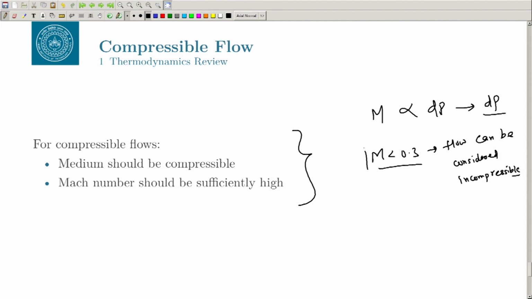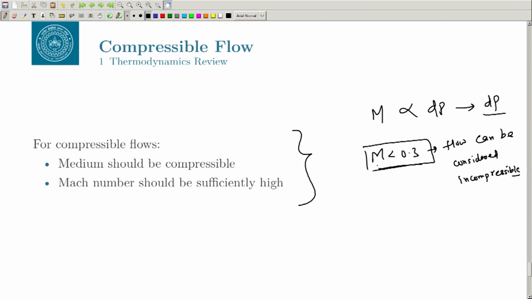How do we get this number 0.3? How do you ensure that below 0.3 your change in density is less than 5%, because that is the definition of compressibility that we have been following. If the change in density is more than 5%, we can no longer consider the flow to be incompressible.